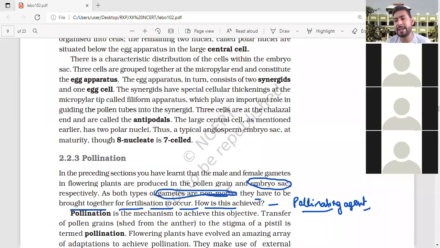So biflagellate gametes are found in algae and bryophyta. Water is also needed for fertilization up to the pteridophytes, that is algae, bryophyta and pteridophyta.